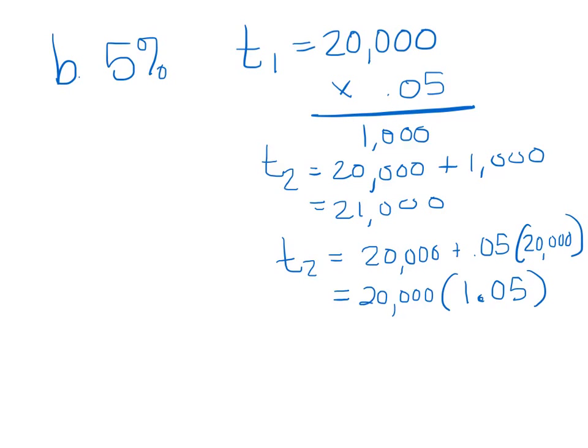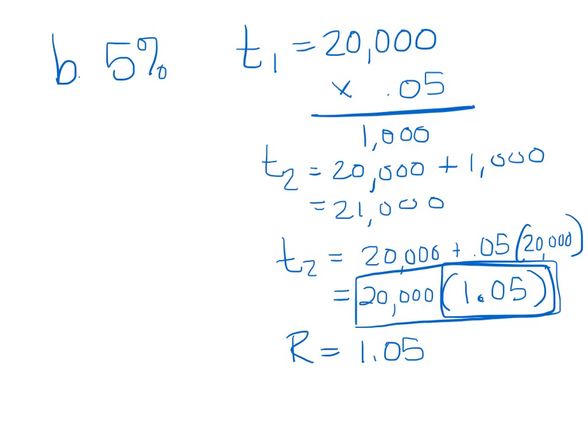I didn't add a certain amount, I'm multiplying by 1.05. And this is what's going to be the constant ratio right here, okay? R is equal to 1.05 is that constant ratio. Okay, so now I figured out what R is, I know what T1 is, I can use my formula, Tn is equal to T1 times R to the n minus 1.